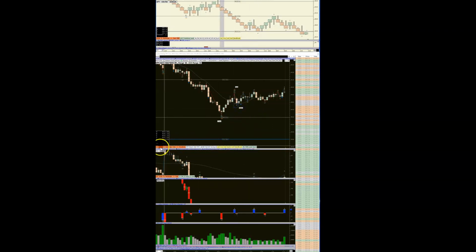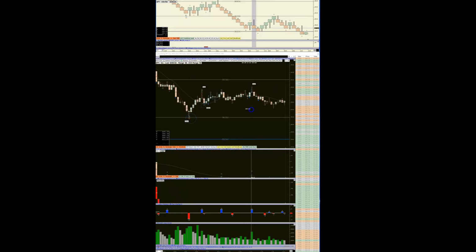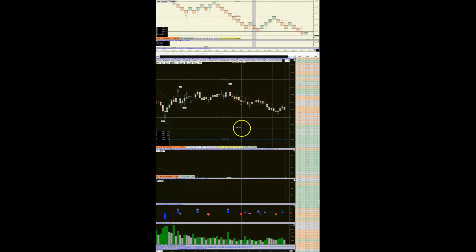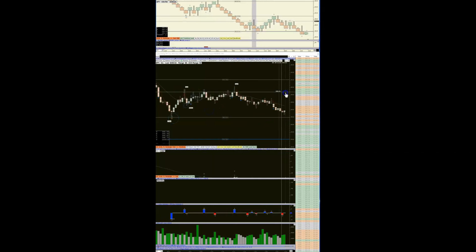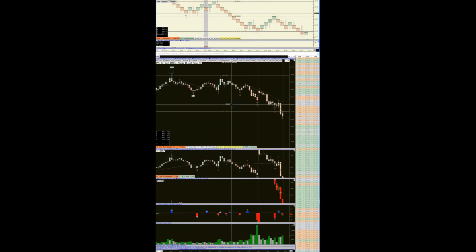Look at that versus that. 56 versus 8. So that means that if it makes a higher high, you're going to be set up for an uptrend. Now, yes, they will do springs and shakeouts and all of that to get you out before going up. But what are you going to do? Sometimes those are there, sometimes they're not. So you just have to know.